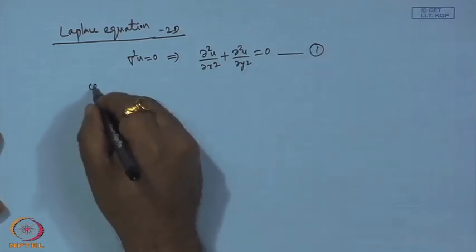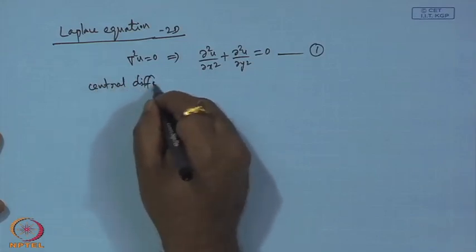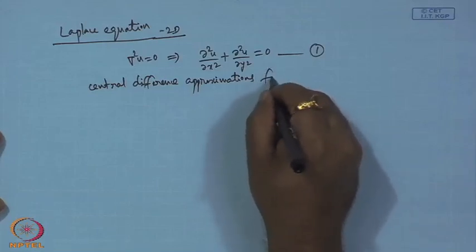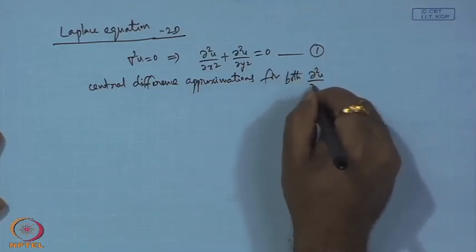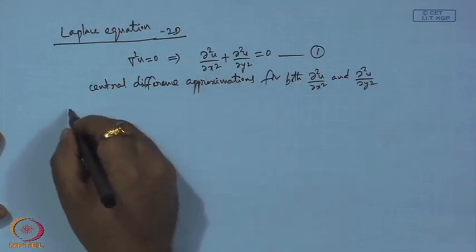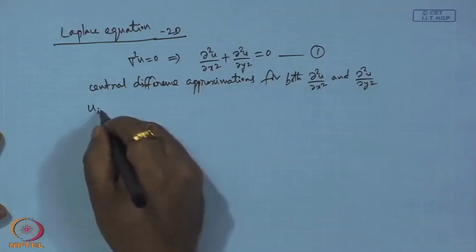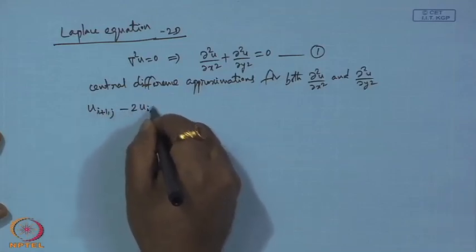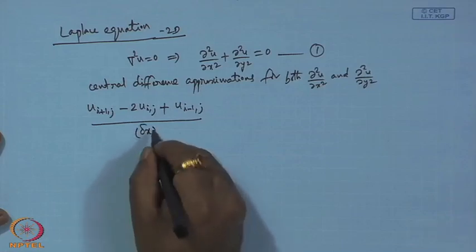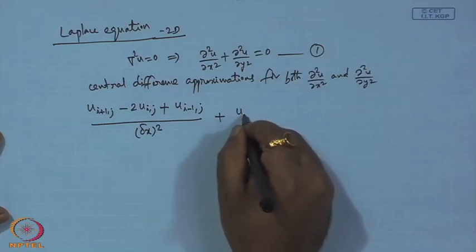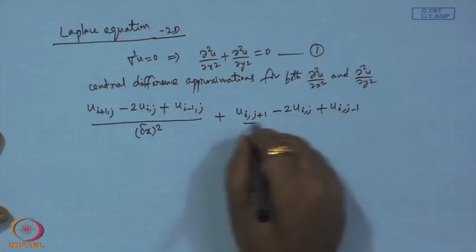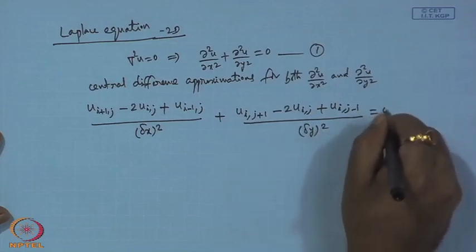So, now using central difference approximations for both of them, we get, you can recall, u divided by delta x square plus the corresponding y term equals 0.